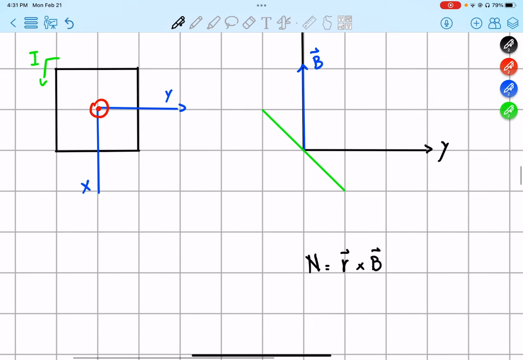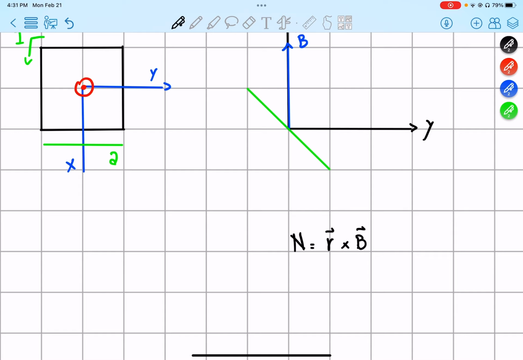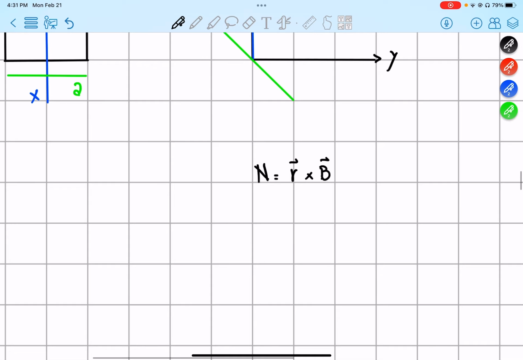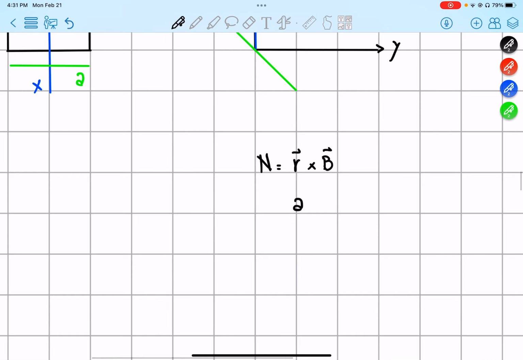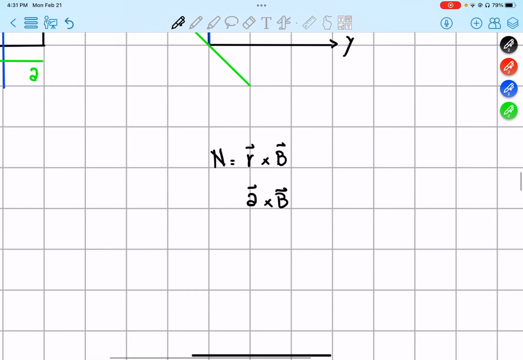In our case, R is going to be the side of a square that I'm just going to call A. Now, actually, the book doesn't, it's not a square, it's a rectangle, but I just say a square for right now. So it's going to be a side, so it's going to be A vector cross B. And as you can already imagine, using the cross product, we can just rewrite it as A B sine of theta in the x direction.